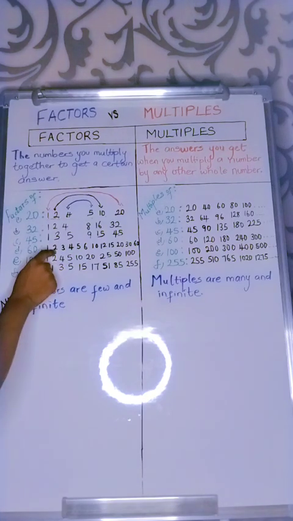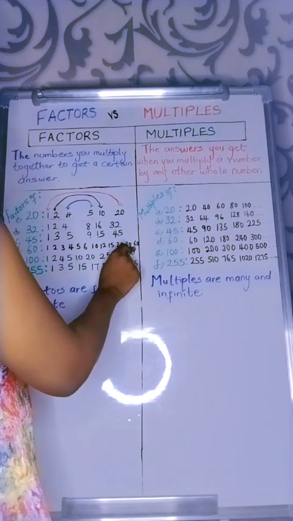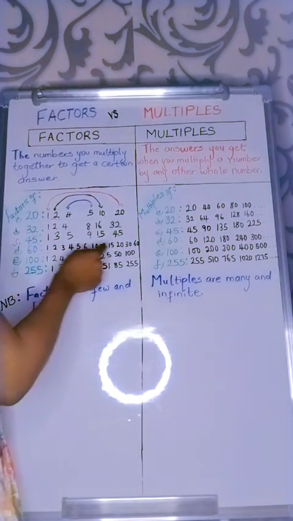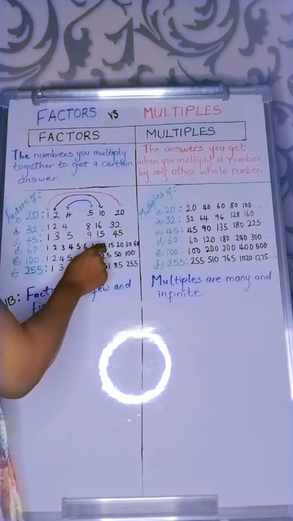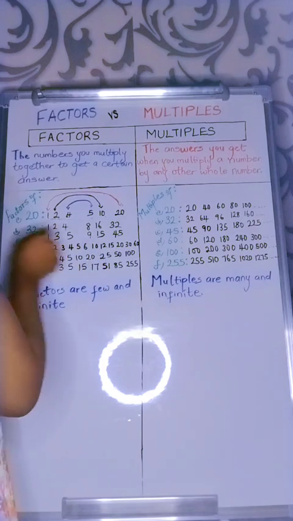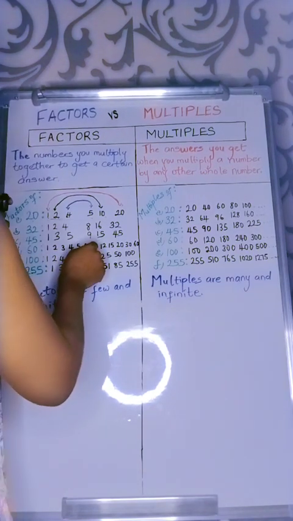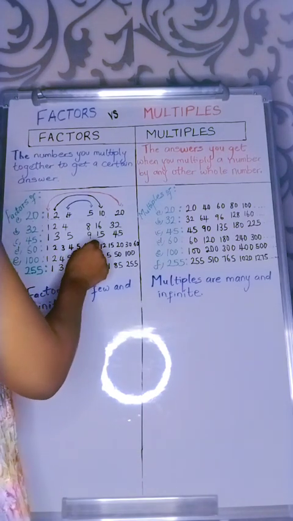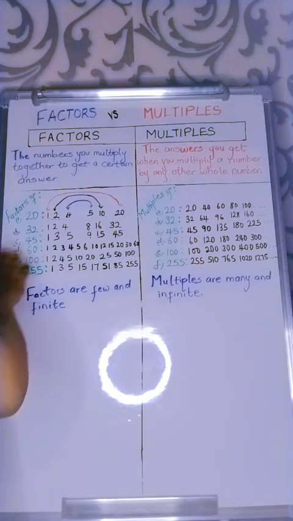As you are writing the smaller number, include the bigger number also. 3 times 20 is going to give you 60. 4 times 15 is going to give you 60. Sorry, 5 times 12, 60. 6 times 10, 60. So these are all the factors of 60.